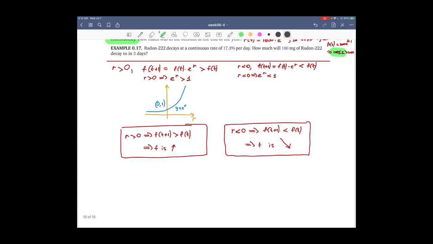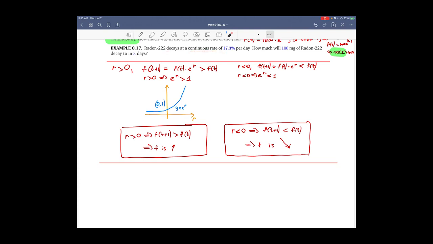And in this last example, we have this radioactive gas, radium-222, which decays at a continuous, I'm not sure it's a gas, I apologize, maybe it's not a gas.